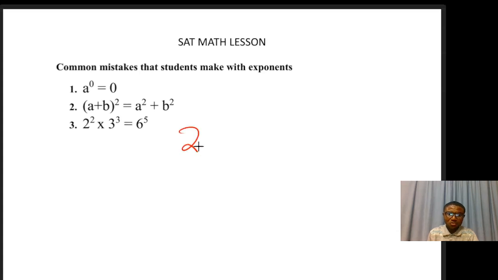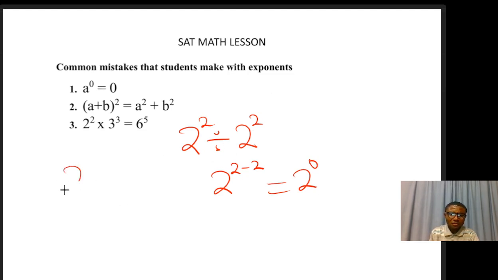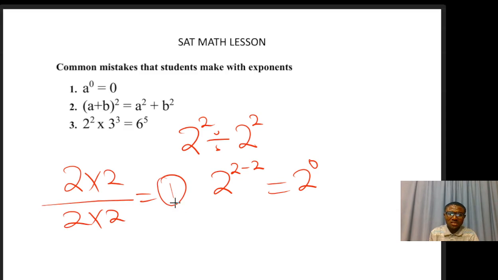If you have 2 to the power of 2 divided by 2 to the power of 2, this is 2 to the power of 2 minus 2, and this is equal to 2 raised to the power of 0. Also, when you solve it in a different form, 2 times 2 divided by 2 times 2, this will give you 1. So this result must be equal to this result, and that's why we say 2 to the power of 0 is equal to 1.